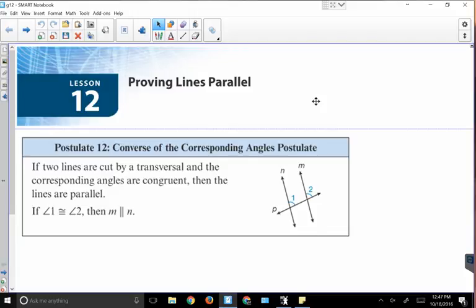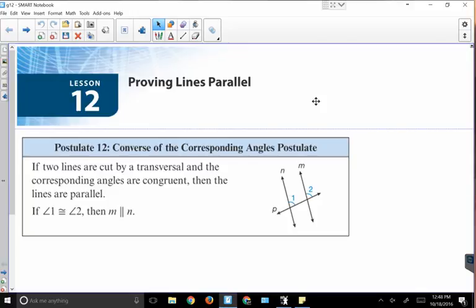What we are able to do with these ideas: if I know that the lines are parallel and it's cut by a transversal, then I know the angles will be congruent. We've seen that yesterday. I know if I have two lines cut by a transversal and the angles are the same, they must be what? Parallel lines. So when we're dealing with these converses, it allows us to go back and forth.